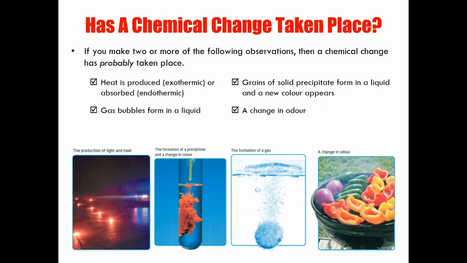Is there a change in odor? Did the starting material you had become used up? Did the starting color disappear? If 2 or more of these observations can be made, then you can rest assured that a chemical change has taken place. And with the conclusion of this slide, I have concluded this lecture and this package.